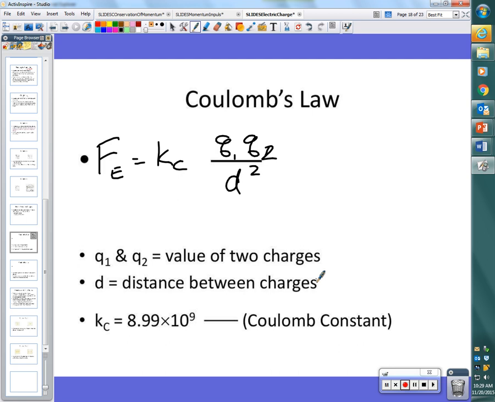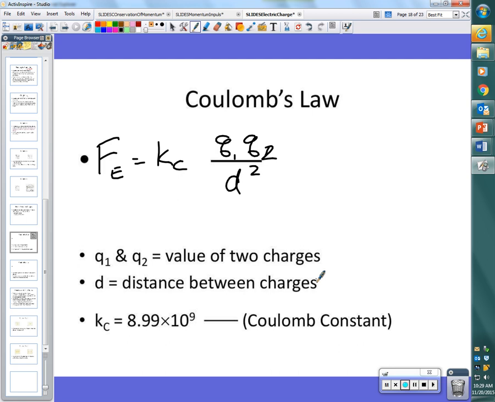Or what's the difference between the number of protons and the number of electrons? If you take the rubber rod and you rub it on the rabbit fur 15 times, there will be an imbalance of protons and electrons. But if you rub it on the rabbit fur 100 times, there's going to be an even bigger difference in the number of protons and electrons. How big of a difference there is between protons and electrons is what Q represents, or the amount of charge.